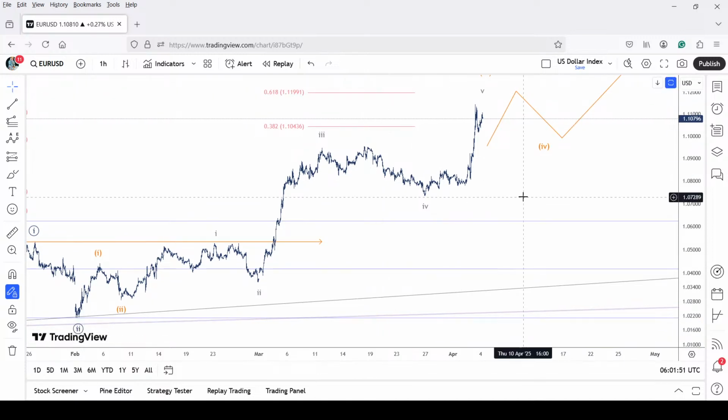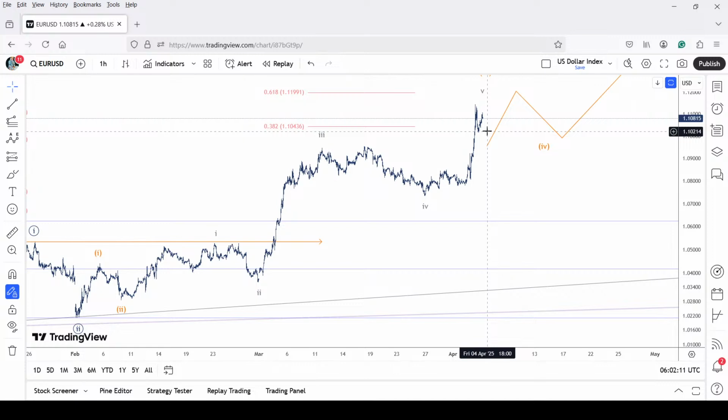All right, we still have at least 6 to 7 hours to go, and it's quite possible that if it is not a triangle and if it is a running flat or some other pattern, then of course it is quite possible for an extended rally in the New York session as well.